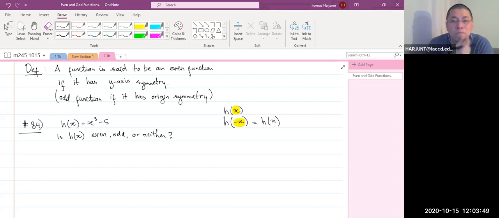If you can show that h of negative x equals h of x, then it is an even function.